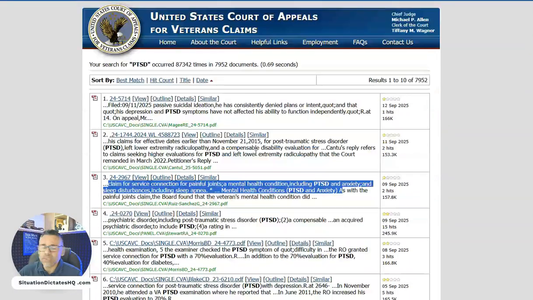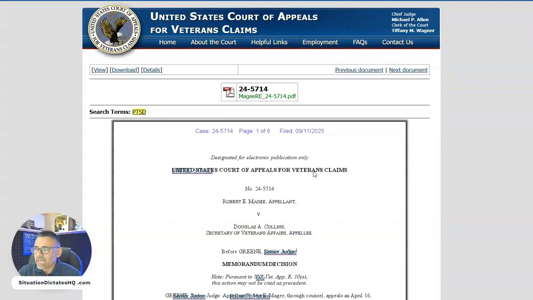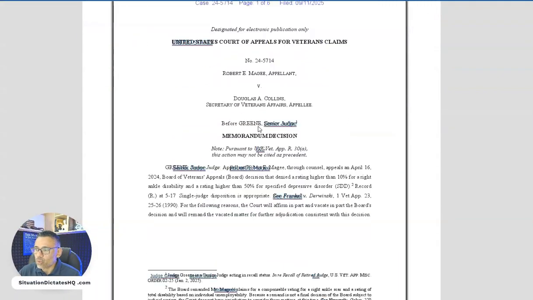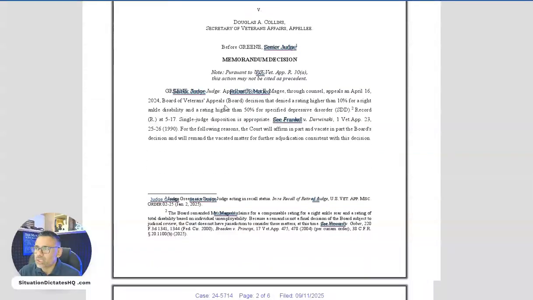Whichever one looks like something you want to look into, you can click view, and you'll be taken to the case. Sometimes you'll see some things that seem to be typed twice or covered.